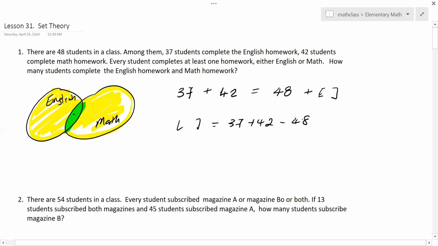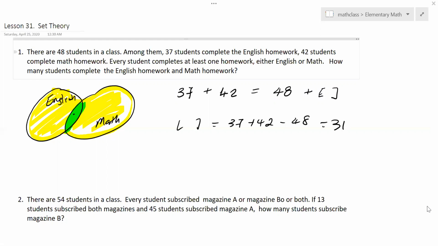As long as you use this idea, you can solve the problem easily. So there will be 31 students. That will be 31 students. So 31 students complete both homework.